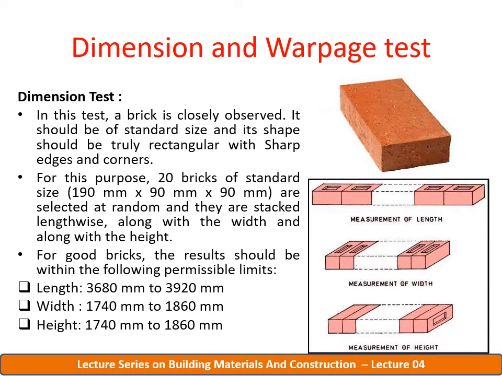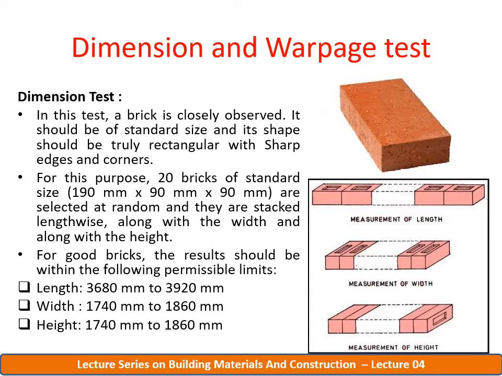So in this case, you have to check the width, height as well as the length of the brick. In this test, the brick is closely observed. It should be of standard size and its shape should be rectangular with sharp edges and corners.